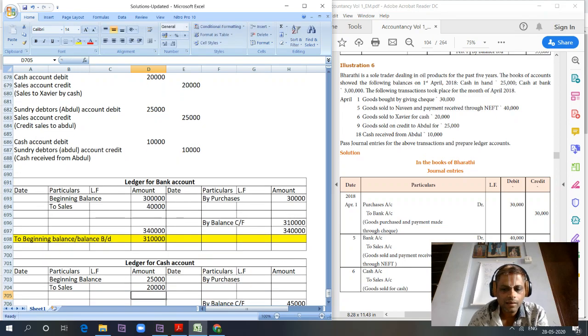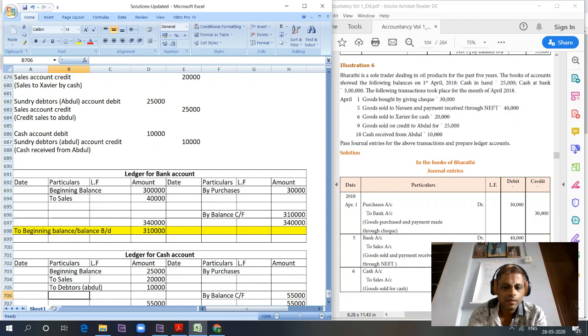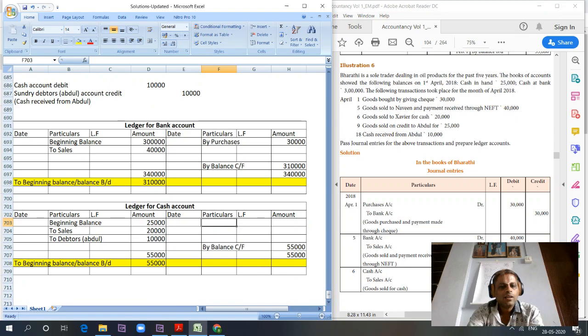Cash account to sales. Next is cash received from Abdul, so cash account to sundry debtors account, Abdul, 10,000. There are no more transactions related to cash. So the total cash balance is 55,000. Balance carried forward to next period 55,000. So the beginning balance is 55,000.